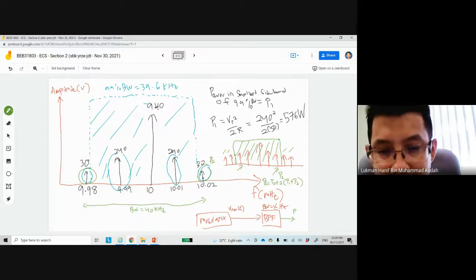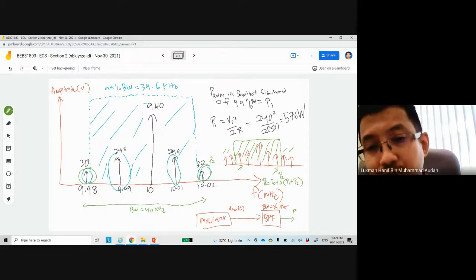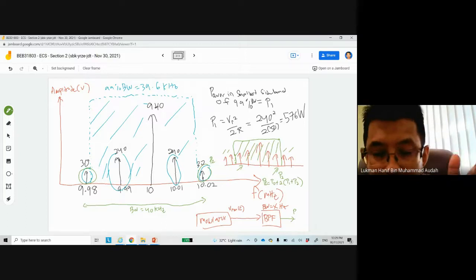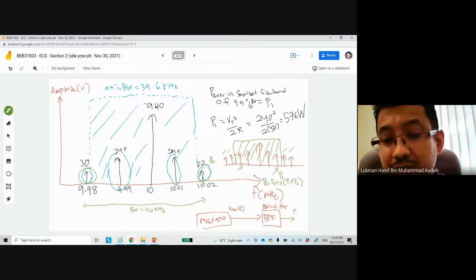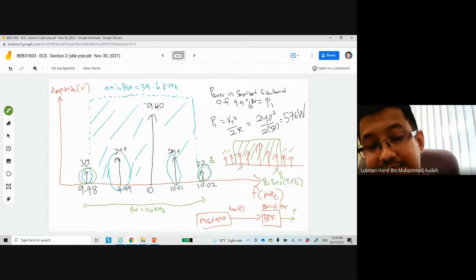Okay, sebab filter ini dalam saya punya contoh dia up to second sideband. So total power selepas band pass filter dia telah kecil menjadi P0 plus 2 times P1 plus P2.